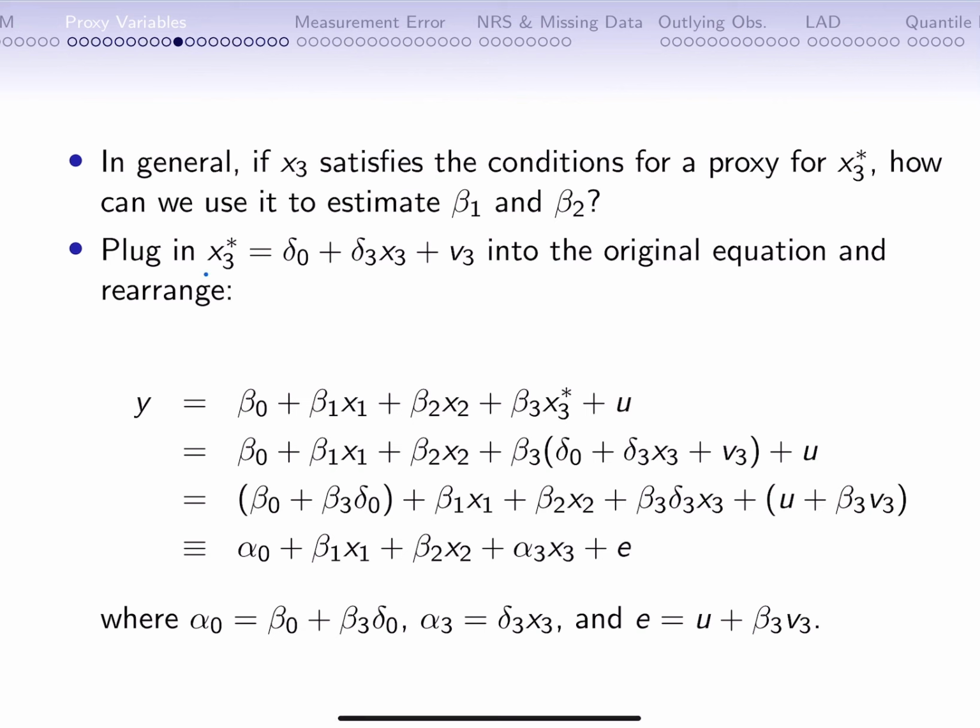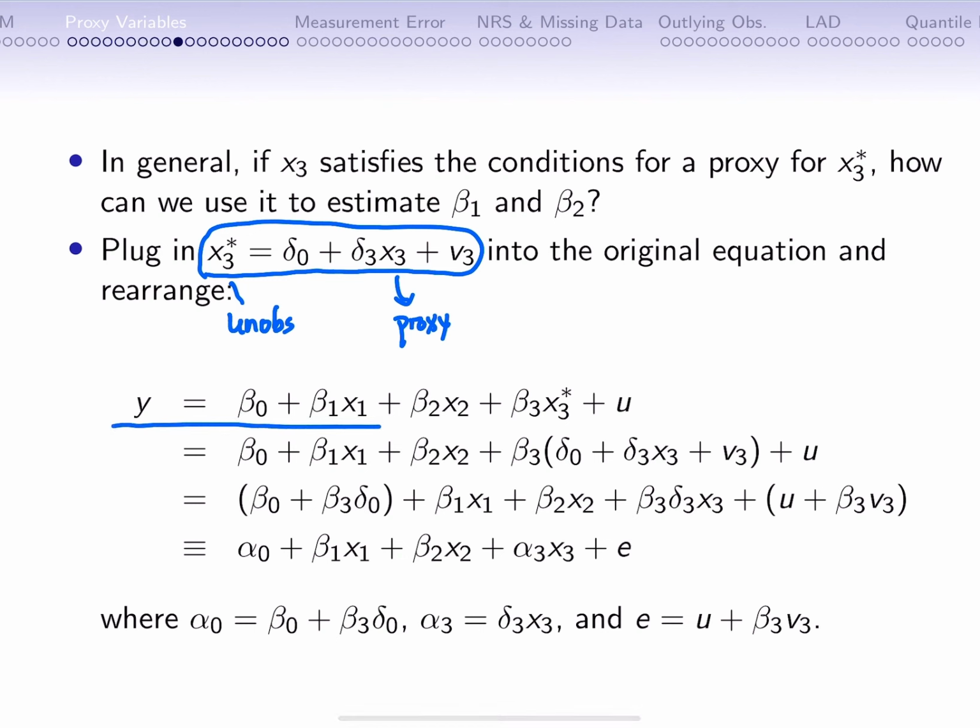So we've established now that we are thinking about this sort of imperfect relationship between x3 star, the unobserved, and x3, the proxy variable. So all we're going to do is start with that same regression, where x3 star is the unobserved, and we're going to substitute in this on the right hand side instead of x3 star.